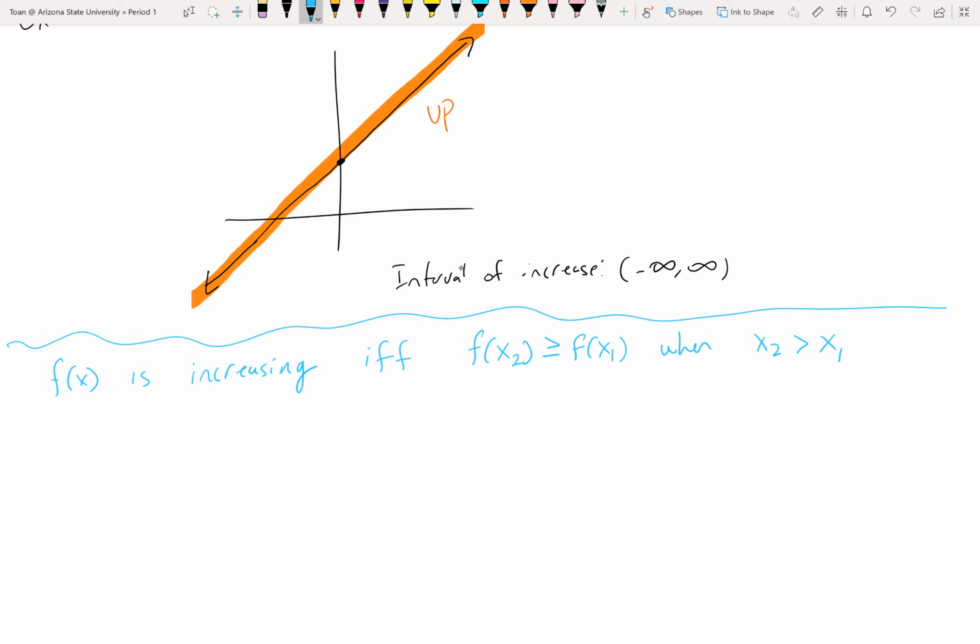Translated into normal English, that says, as I move rightwards, when x sub 2 is bigger than x sub 1, that's moving rightwards, the y values get bigger. F of x is decreasing if and only if, and you guys can probably imagine what it is, everything just flips. F of x sub 2 is less than or equal to f of x sub 1 when x sub 2 is greater than x sub 1. Whenever x sub 2 is greater than x sub 1, when we go rightwards, the function values get less.